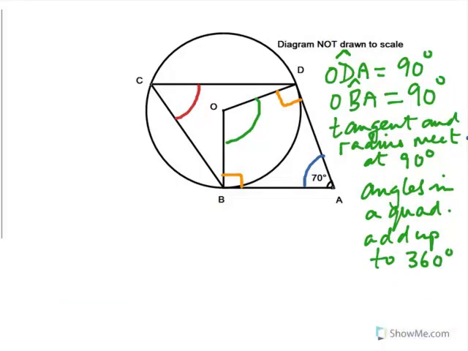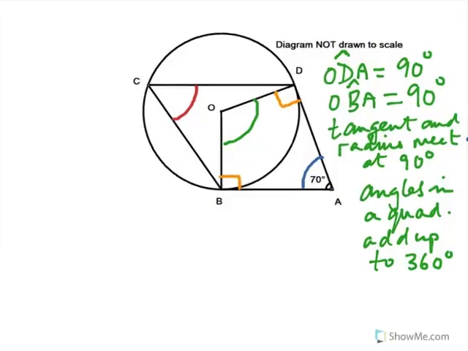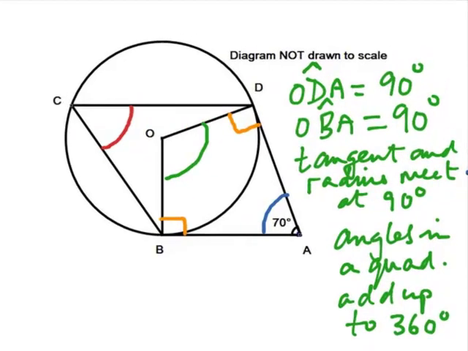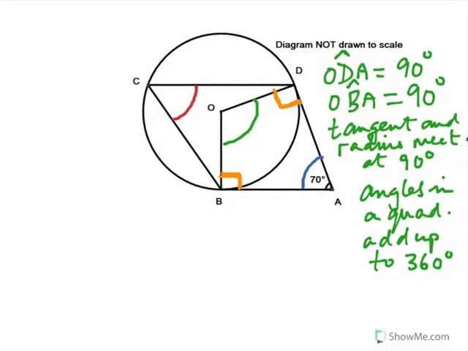But we already have two angles, each 90 degrees. And that's the angle ODA, this one here, and the angle OBA. So if we take 90 and 90, which is 180, from 360, we're left with 180 degrees.